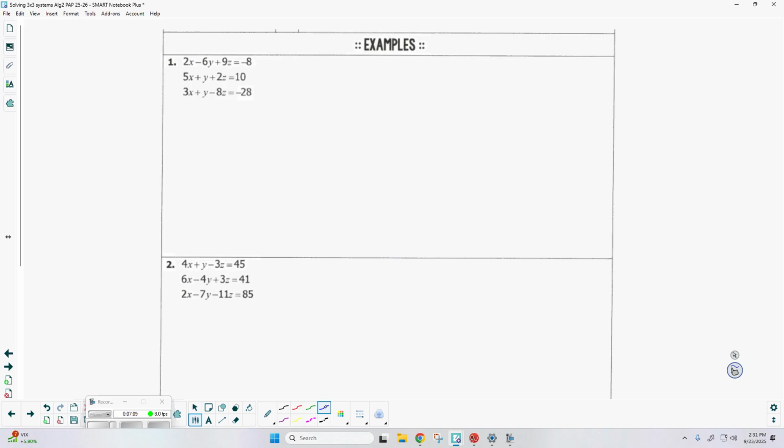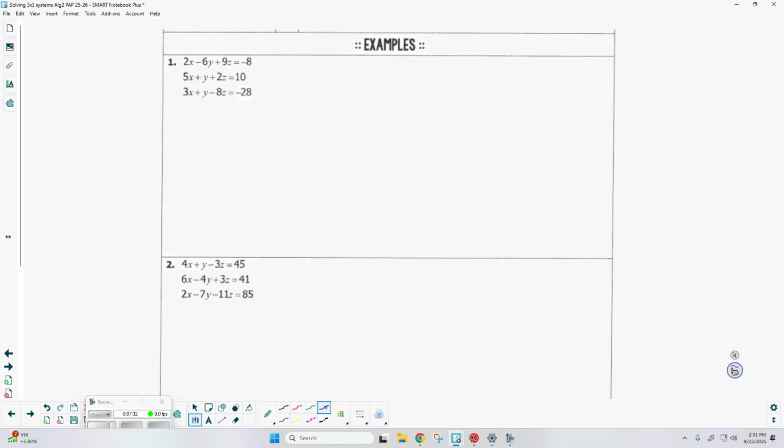You can eliminate whatever you want. You can eliminate the x's, the y's, or the z's. It depends on what you want to get rid of and what's going to happen as a result of that. I would say, let's eliminate the y's in this first one, because you'll notice the bottom two equations, they're already y and y. I can easily subtract those and be done with it.